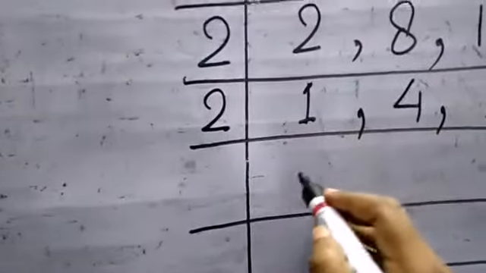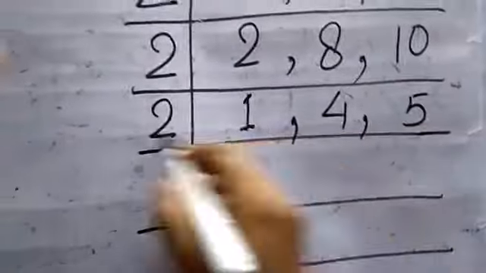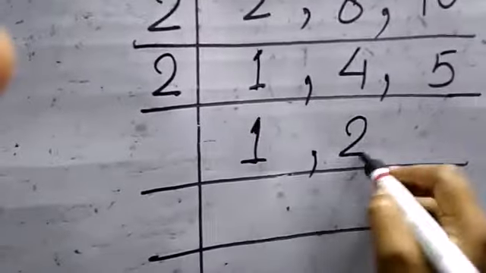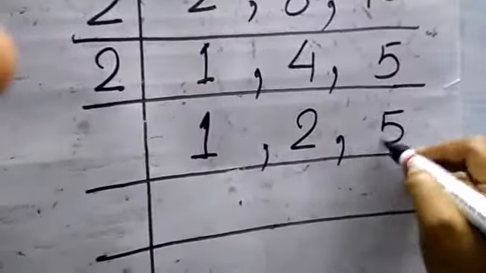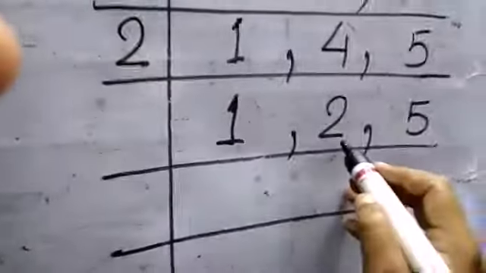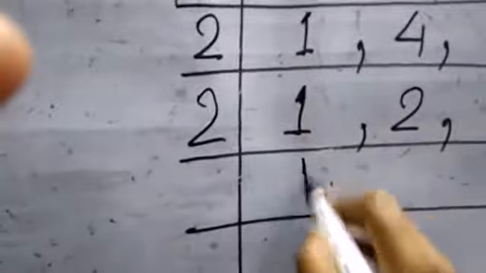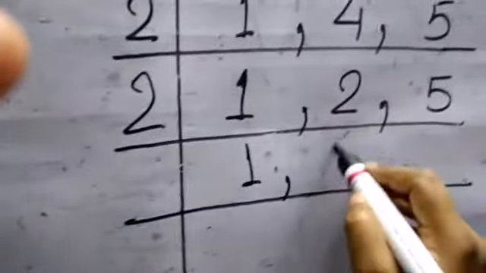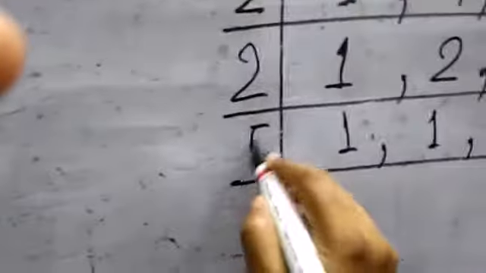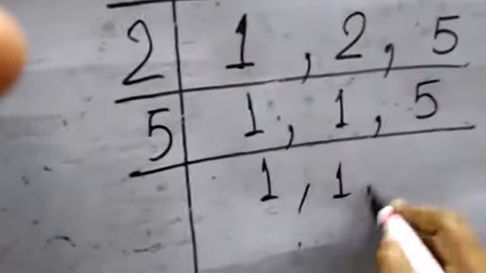So again divide by 2 because 4 is divisible by 2. Here 1, 2 2s are 4 and here 5 because 5 is not divisible by 2. Now again 2, 2 1s are 2 and 5. Now 5, 1 1 and 5 1s are 5.